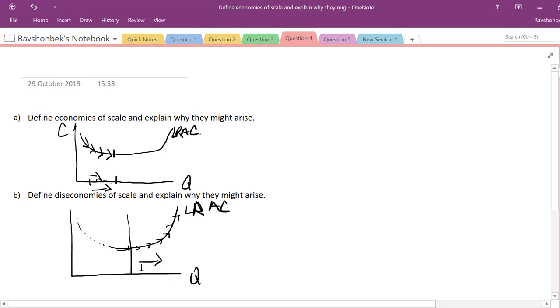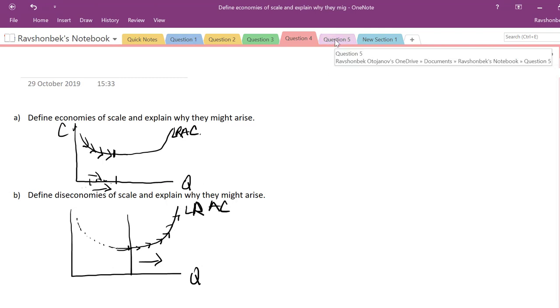But when we have diseconomies of scale, that's when the costs grow faster than the output. And when you divide the total cost by the quantities at each level of scale, we will have a higher average cost. That's what causes the diseconomies of scale.